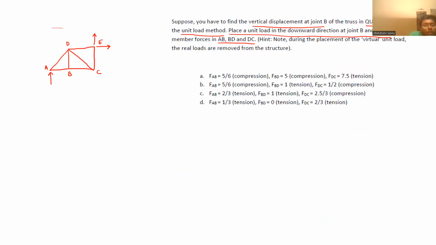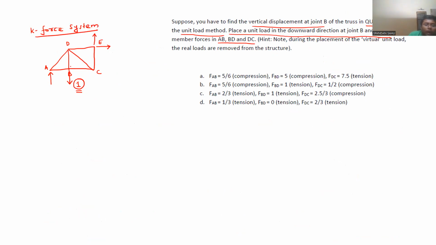So here we need to put one virtual load of unit concentration here to calculate the displacement. So this will give us our desired K force system.